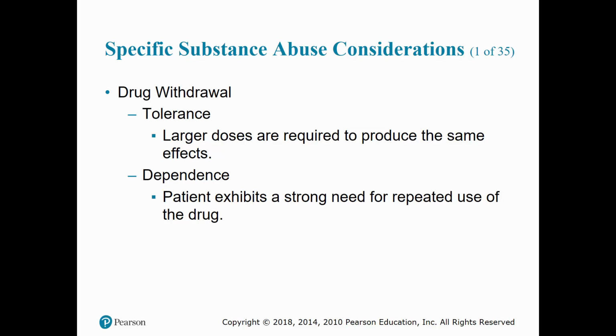Dependence is when the patient exhibits a strong need for use of the drug, such as smokers. When they get to the point that they're itching for a drag of a cigarette, they start getting a little jumpy, a little edgy, maybe start feeling a little anxious.